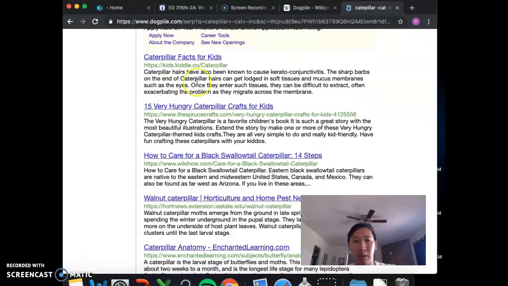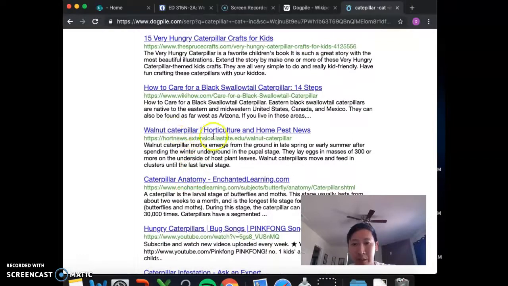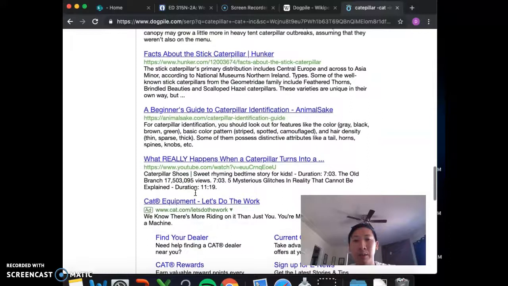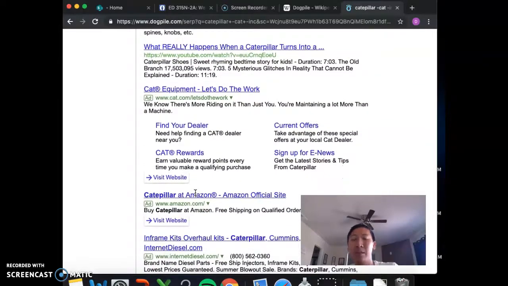So here's what we're looking for: caterpillar facts for kids, crafts, a specific type of caterpillar. As you can see, it's more specific towards just the insect, and you have little advertisements for the equipment.